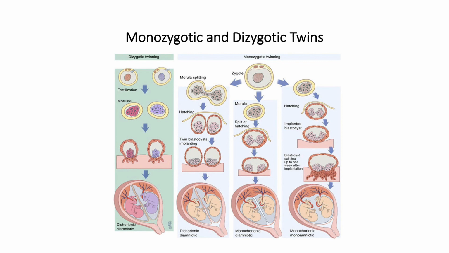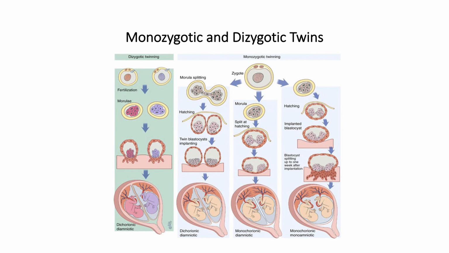Monozygotic twinning happens with only one ovulation and one fertilization. It forms a zygote, but then the zygote can split at different times through the process leading up to and after the first week of implantation. Either the ball of cells called the morula can divide right away, in the very first cell division of the zygote.